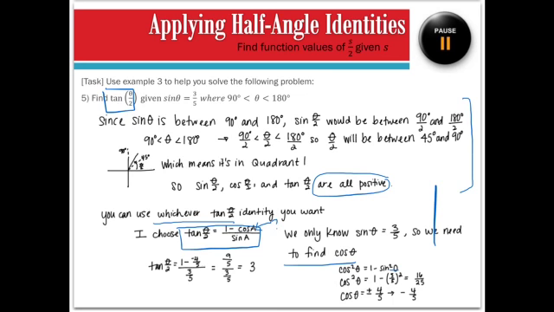So I want to give you an idea of what this looks like. We're still dealing with theta, not theta over 2. It says up here that theta is between 90 and 180, so it's over here. And we know that sine is equal to 3/5.